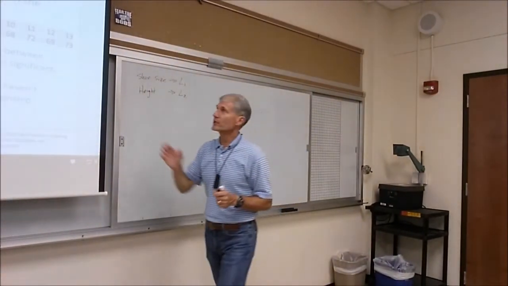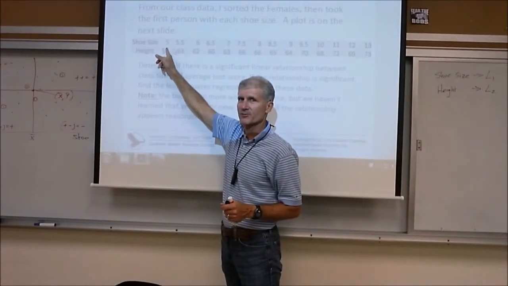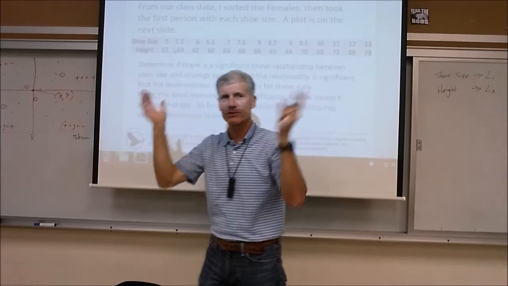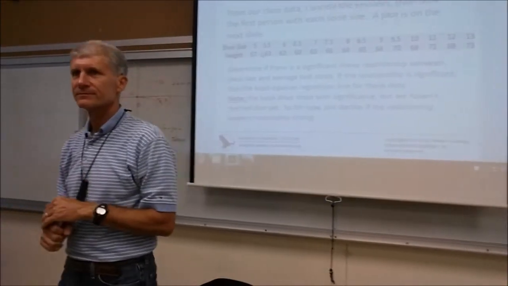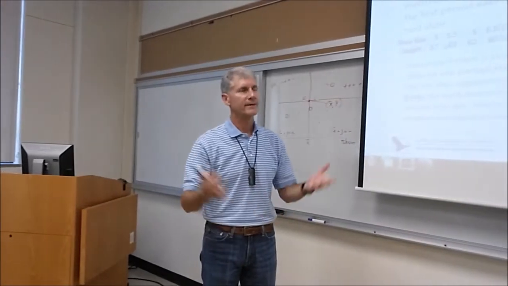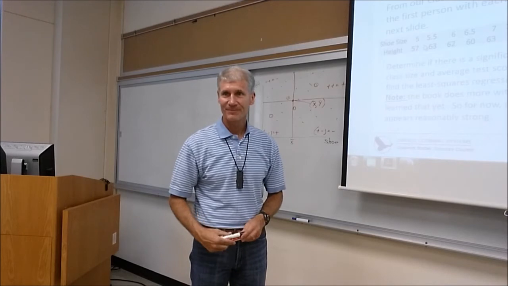You have to make sure that they match up. So the first row for L1 has to be paired with the first row for L2. You can't put them in reverse order, you screw it all up. Now it works. Okay, so everybody got the data in?